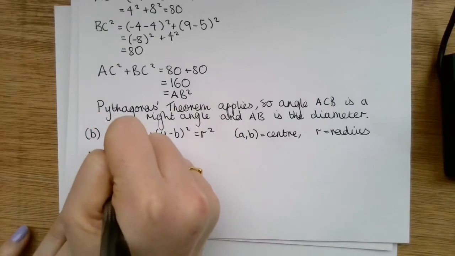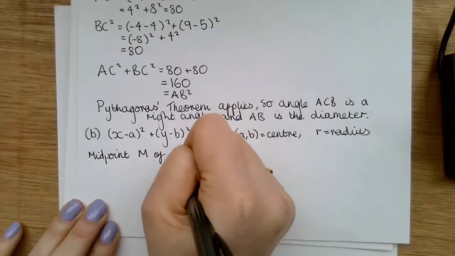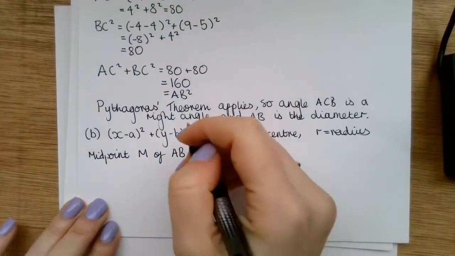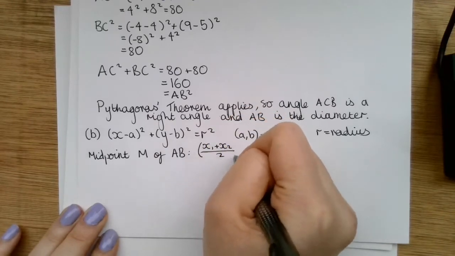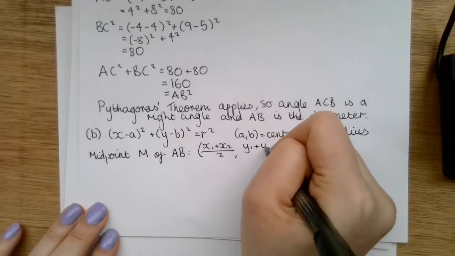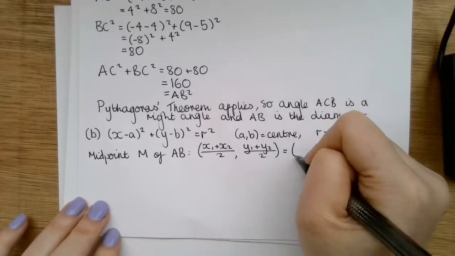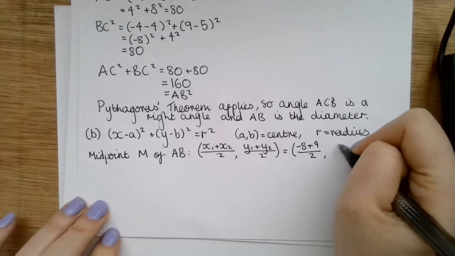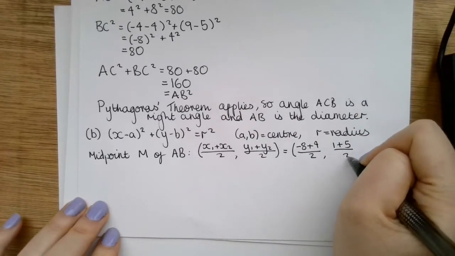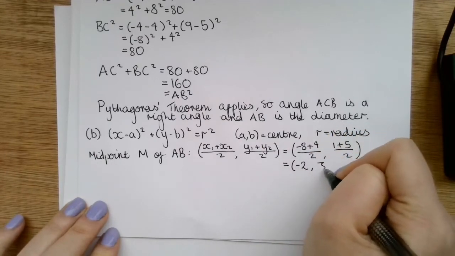I'm going to call that N. We're going to use our formula for the midpoint, which is (x1 plus x2) over 2, (y1 plus y2) over 2. So we've got (negative 8 plus 4) over 2, (1 plus 5) over 2, which is (negative 2, 3).